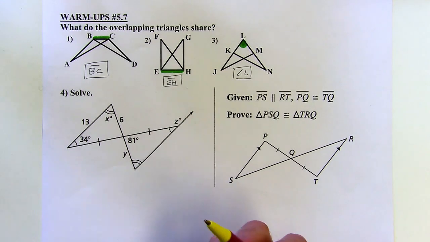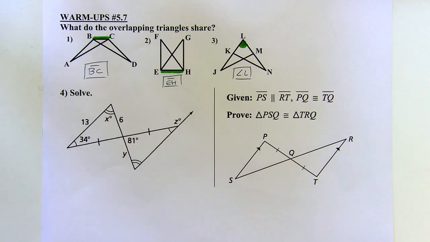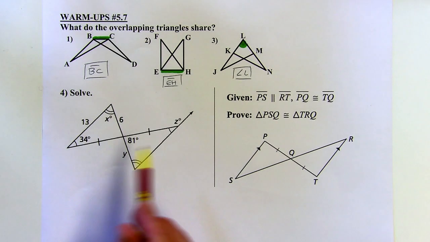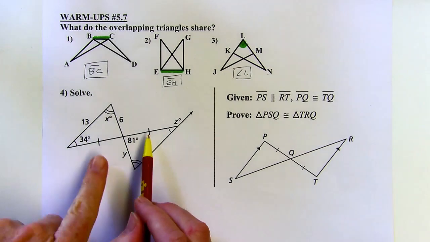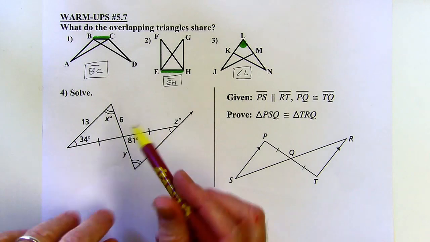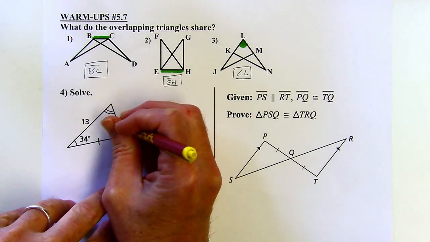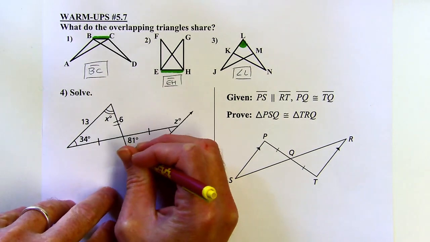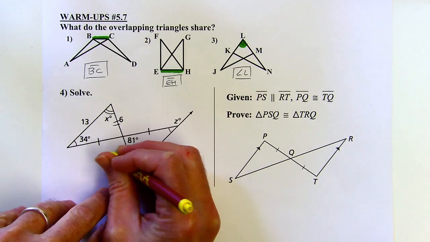And it doesn't ask me to say that, but now that I know that these are congruent triangles, then I know that all of the sides and angles will have a corresponding part in the other triangle. Okay? All right, so let's start looking at this then. We already know that those two sides are congruent. These two sides are going to be congruent as well. They'll be matching parts, so that means y is going to be 6.